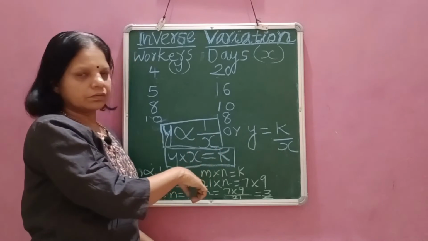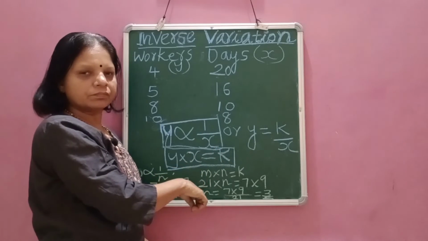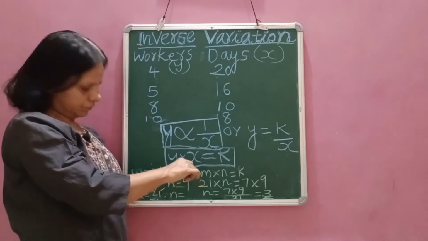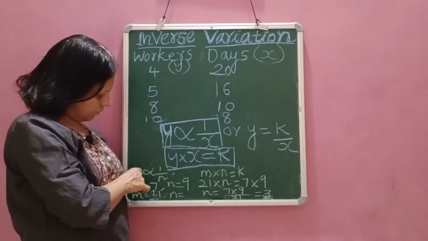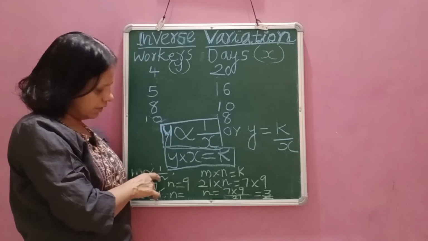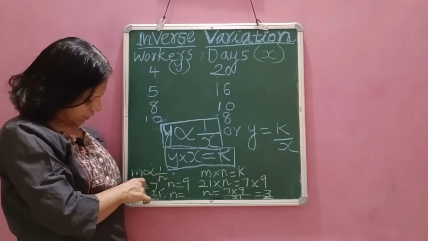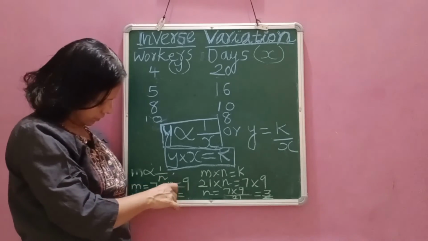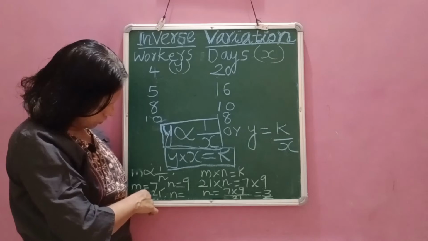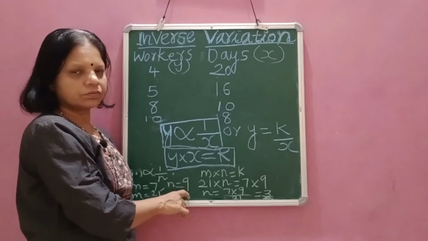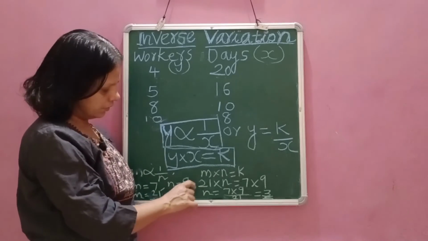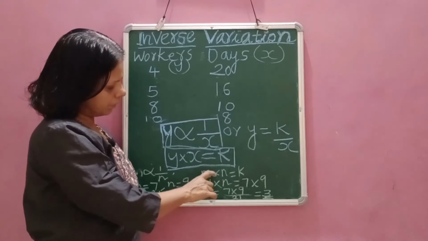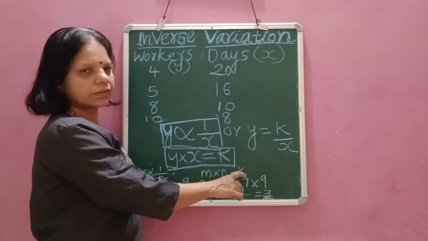So we can solve problems using this equation of variation. Given that m varies inversely as n, m equal to 7, n equal to 9, m equal to 21, n equal to question mark. Find the value of n. So we can take the equation of variation, m into n equal to k.